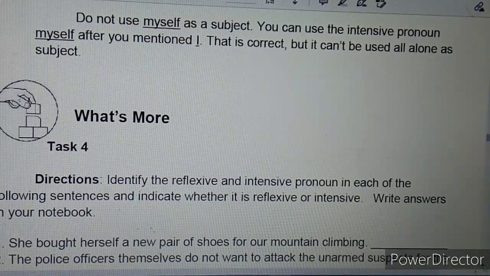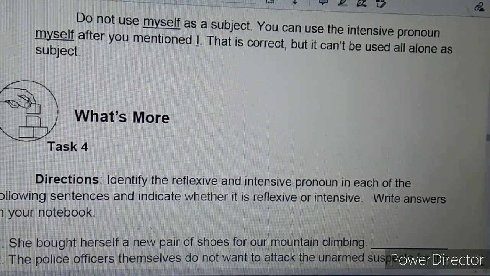Now let's move on to our next activity in task 4, and here is the directions. Identify the reflexive and intensive pronoun in each of the following sentences and indicate whether it is reflexive or intensive. Write your answers in your answer sheet. Again, you are going to identify first the word, which is an example of a reflexive or an intensive pronoun.